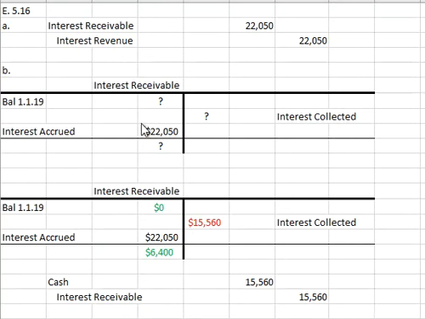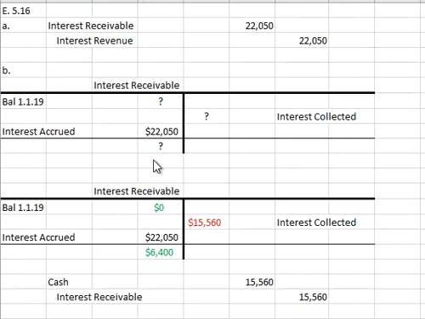Now what I want to show you is that they didn't really give us a balance in interest receivable. In B, they say, hey, look, interest receivable went up $6,400 over the year, right? And then they ask, how much interest did you collect?